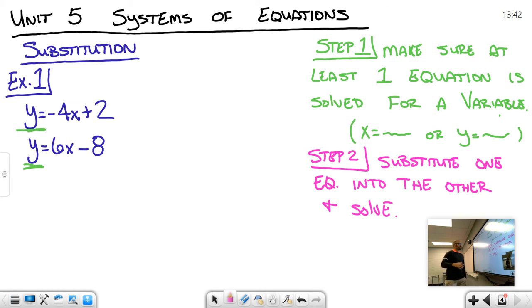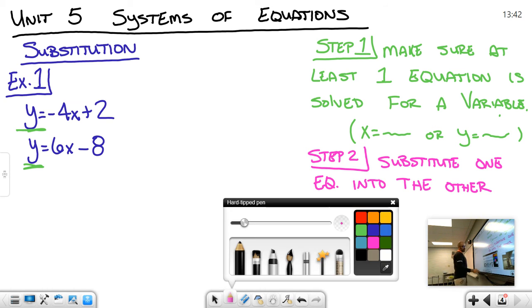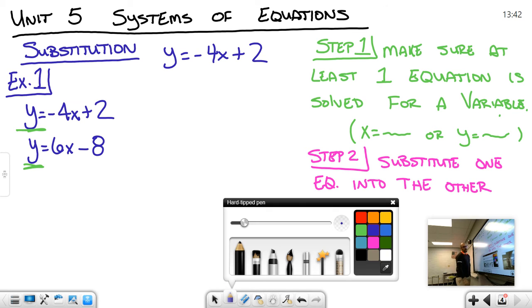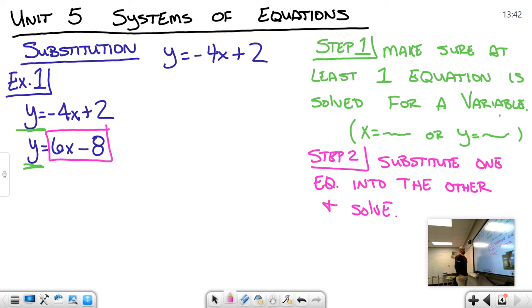Okay, so for this example, what I'm going to do is, let's take this first one, y equals negative 4x plus 2, okay? And what does y equal? Well, y, let's say if I use this equation, here's what y is going to equal here. Okay, I'm going to take this and I'm going to substitute it in for y.